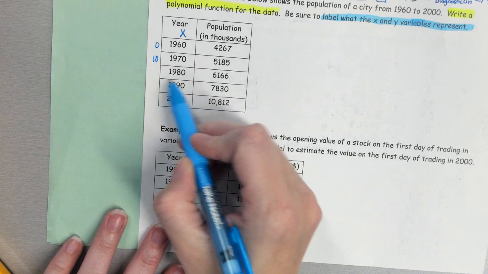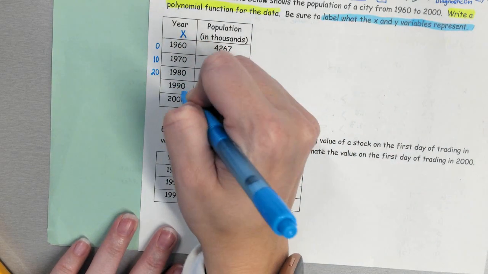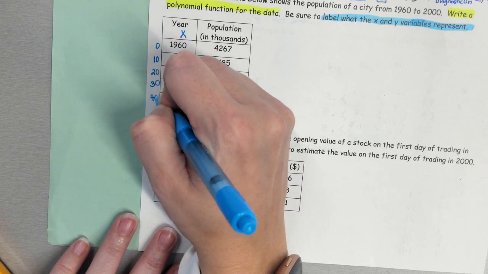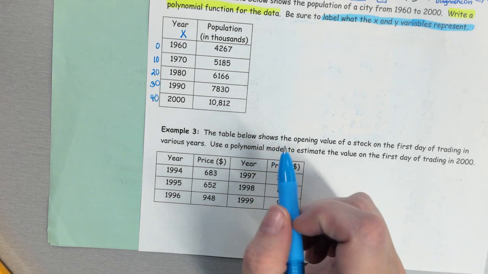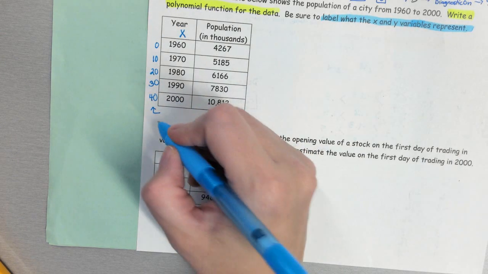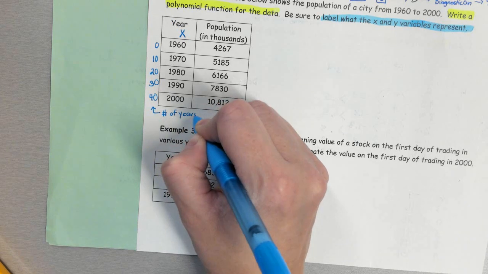And then 1980 would be 20, 1990, 30, 2000, 40. Now, what we are going to label our x, once we write out our equation, is the number of years since 1960.